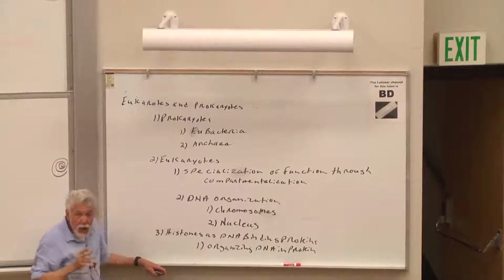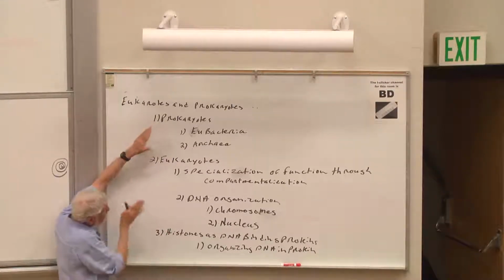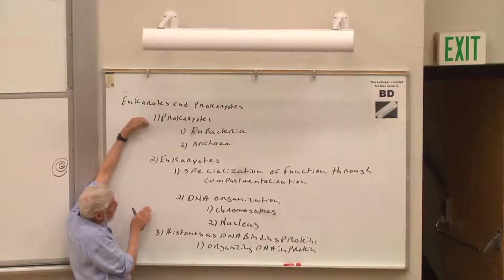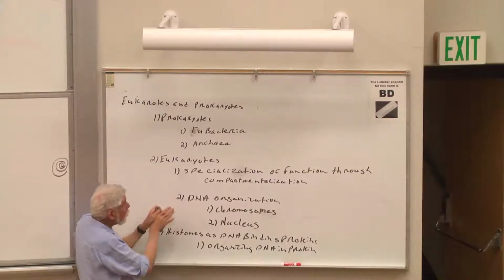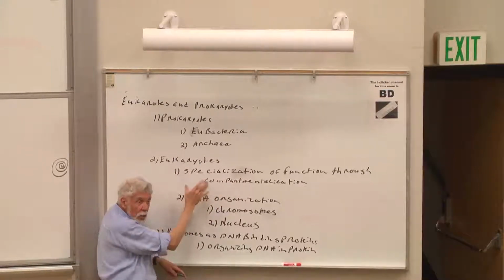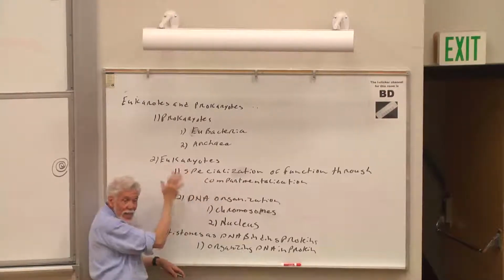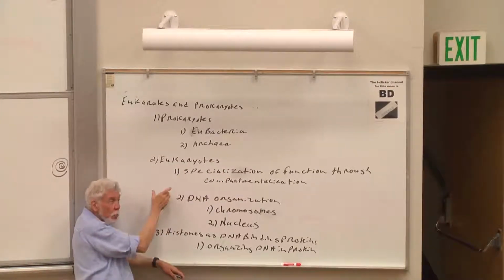The first place we'll talk about that is that one of the major differences between the prokaryotes and eukaryotes is that the DNA in the prokaryote is a simple circle. It exists in the cytoplasm itself. But once you get to eukaryotes, one of the most important of all of the compartments is that we sequester the DNA. We sequester the material which contains the instruction set for making proteins.